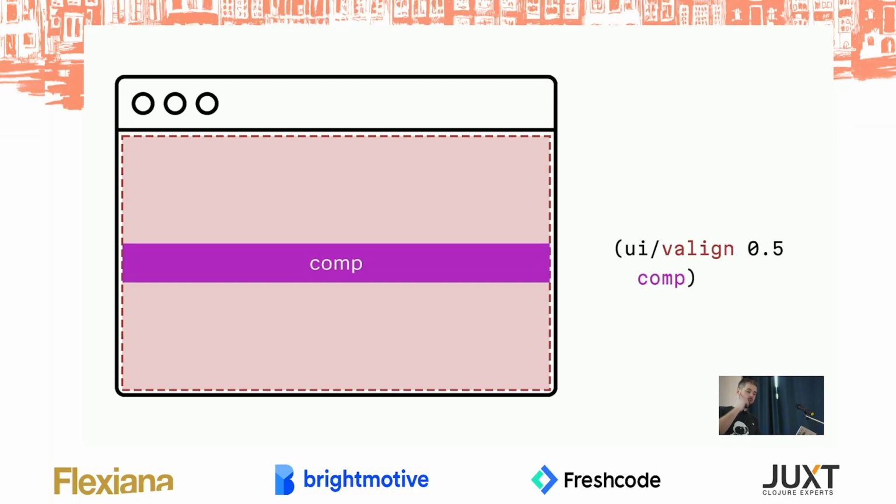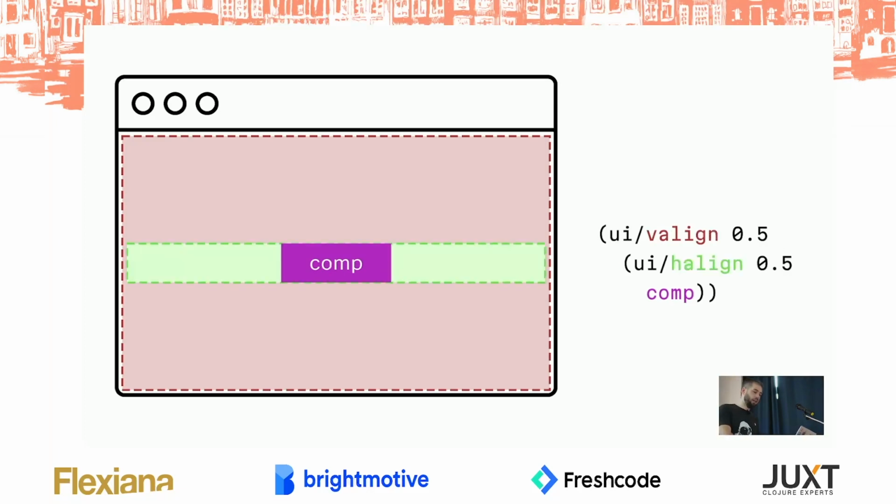If you wrap it in v-align, which is vertical align, v-align is this light red component which takes everything, but it consults the child, how tall it is, and then centers it inside, right? If you wrap it in h-align, like double wrap it, then finally you get it centered in the center.